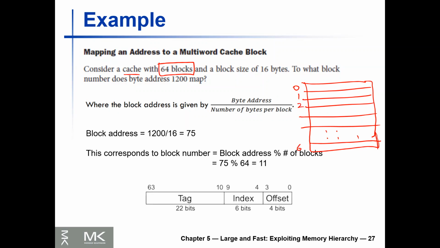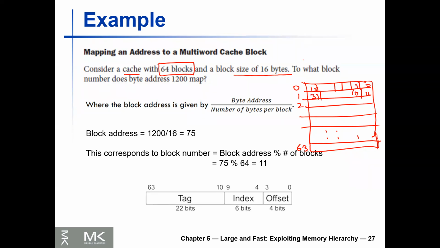How many do we have? 64. The last is 63. And the block size is 16 bytes. In each block we have 16 bytes, so byte 0, byte 1, up to byte 15 here. Then we will have 16, 17, up to 31 and so on.